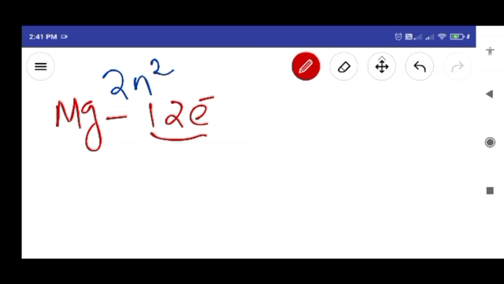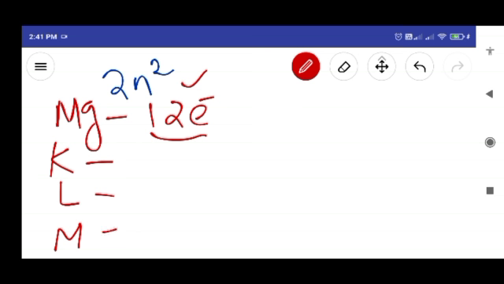So there are 12 electrons. We know each shell can accommodate 2n square electrons. So first we will distribute these 12 electrons in each shell. We know the first shell is K shell, second is L shell, third is M shell, and N shell is also there.